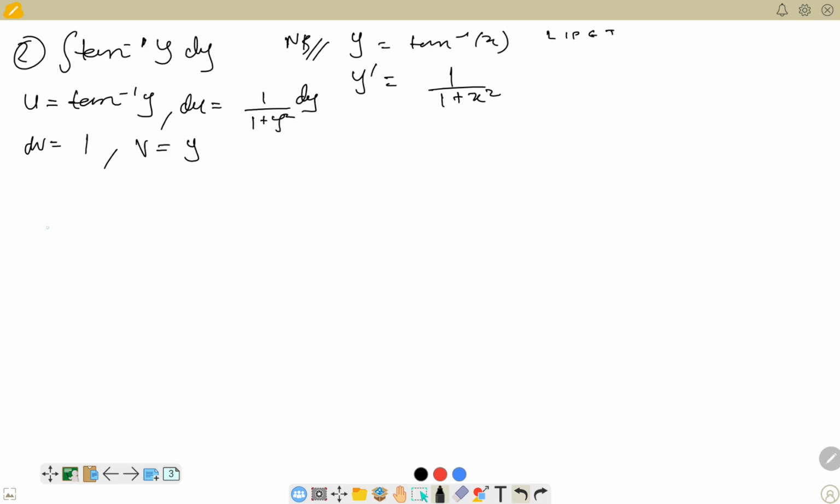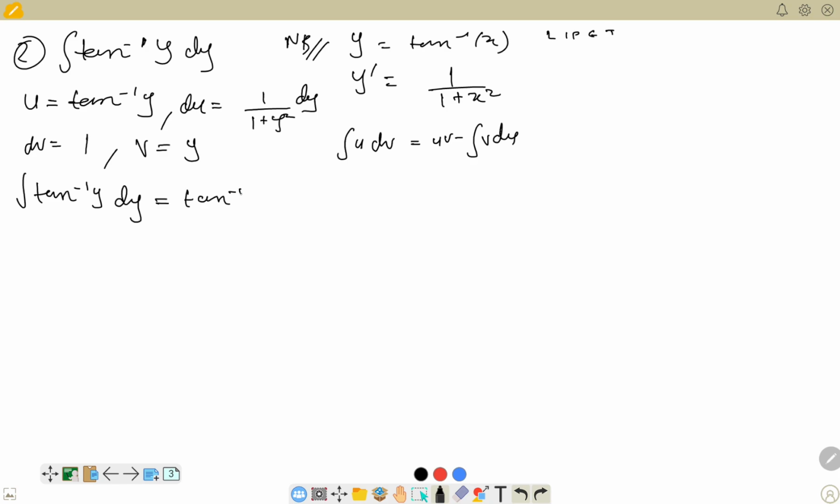Now we know that the formula is the integral of u dv equals uv minus the integral of v du. What we need to do is to go and substitute. So we have arctan y dy. What is u? Let's start with u.